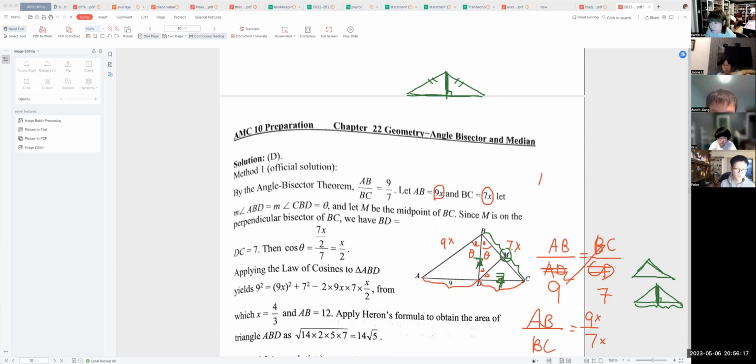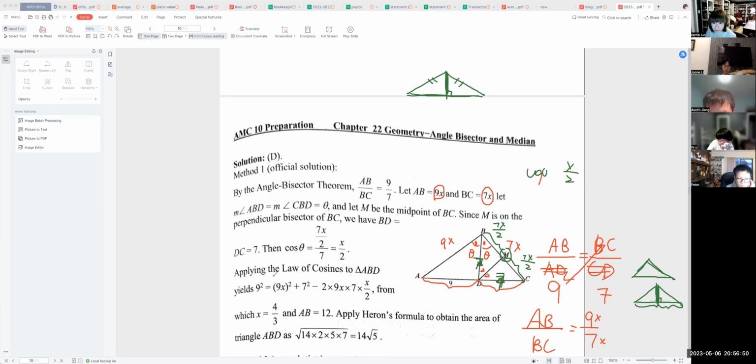Why 7x over 2? Because in an isosceles triangle the three lines coincide, as I just told you, so M bisects BC, so BM equals 7x over 2, and CM also equals 7x over 2. Understood, everybody? So we know that cosine theta equals 7x over 2 divided by 7, adjacent over the hypotenuse. So cosine theta equals x over 2.